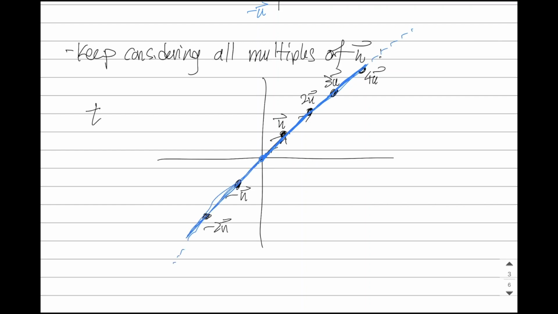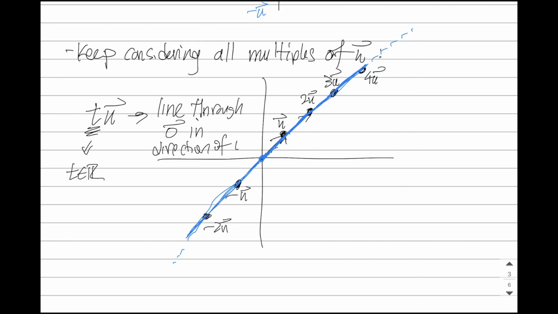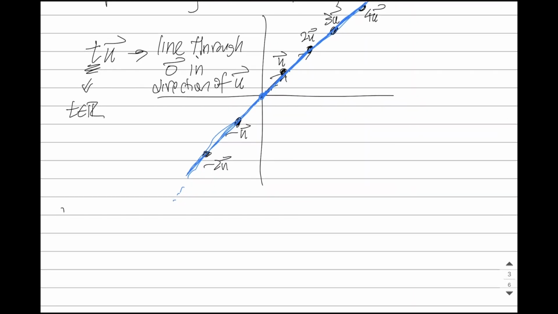If I were to write tu, where t is some real number, this has a geometric interpretation. This is a line that goes through the origin, and it's in the direction of the vector u. Scalar multiples just stretch a vector, and if you take all of them, you end up getting this collection of points. All the dots in blue are the line itself. It's the collection of every single multiple.